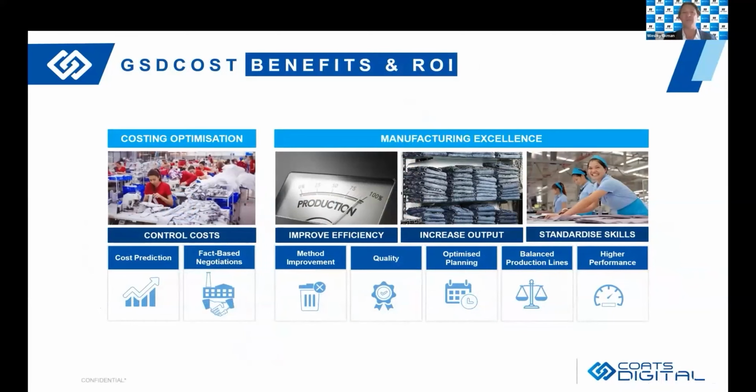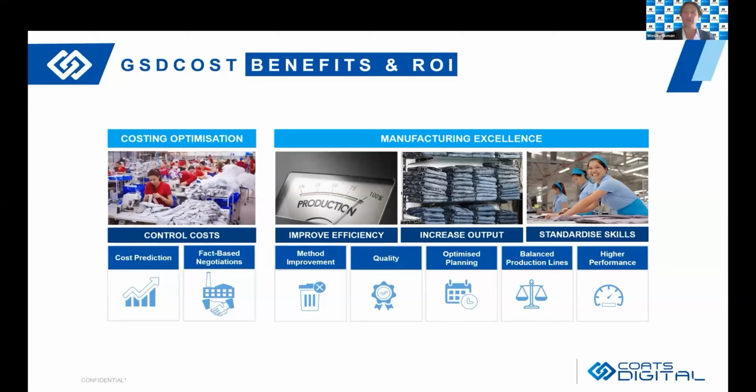All comes from having an accurate SMV, driving a method improvement, that continuous method improvement, a focus on quality, not quantity, having the ability to integrate into planning tools like Fast React Plan, and working with engineering, with your skills, with your training to have more improved and better balanced production lines.